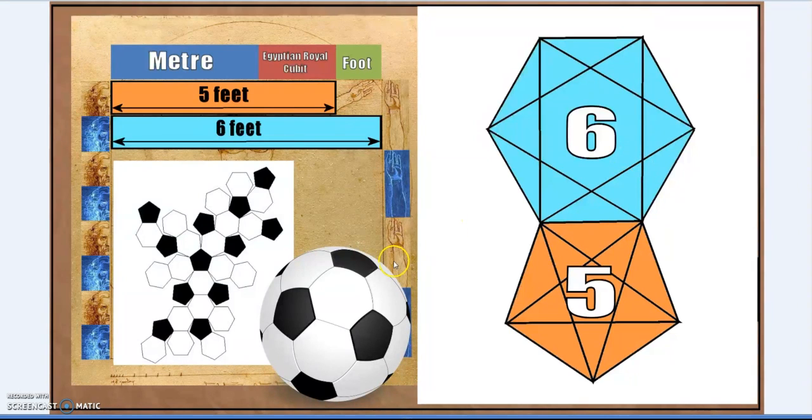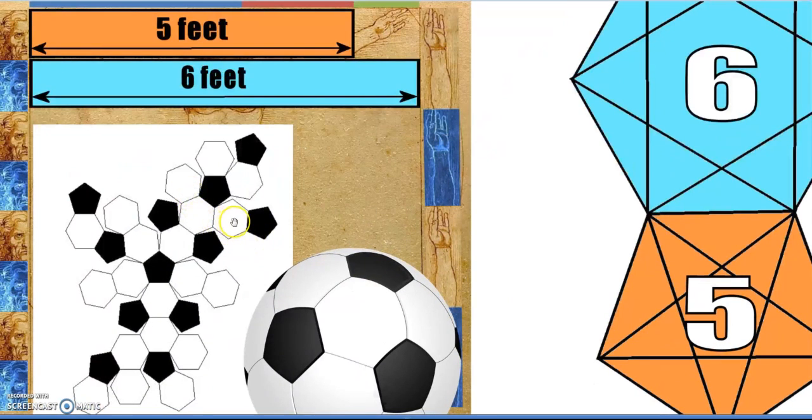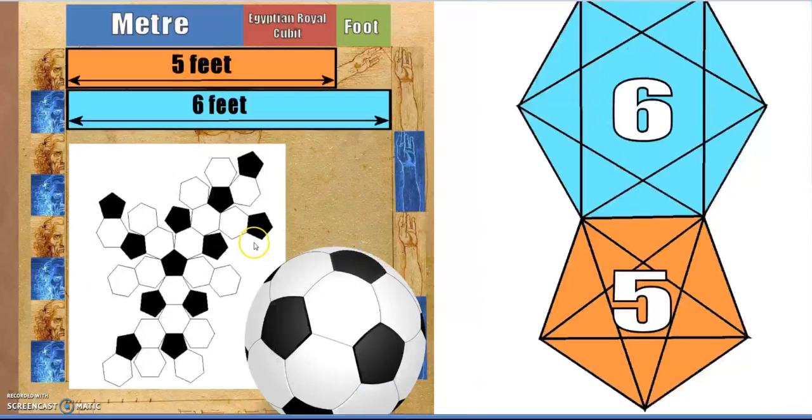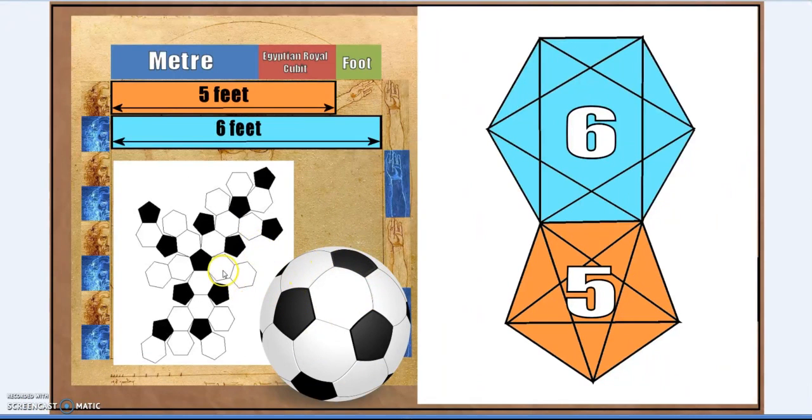So 6/5, one example of what makes this so special is that hexagons are stackable, 6-sided, just like why beehives are made of hexagons. It's the most efficient use of material and space in 2 dimensions, but in 3 dimensions, for instance, to make a soccer ball, you need hexagons and pentagons, 6s and 5s.